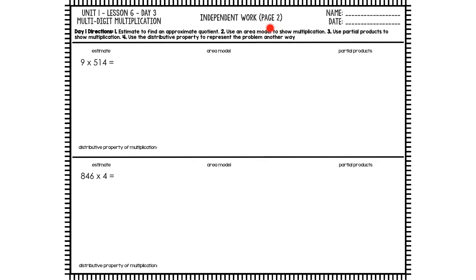Now on page 2, I would like you to do this by yourself. So let's make sure we have our lines drawn so we can keep our paper organized. So you're going to begin by estimating, then drawing your area model. Make sure it has hundreds, tens, and ones. And then partial products, starting by writing your equation, 514 times 9.